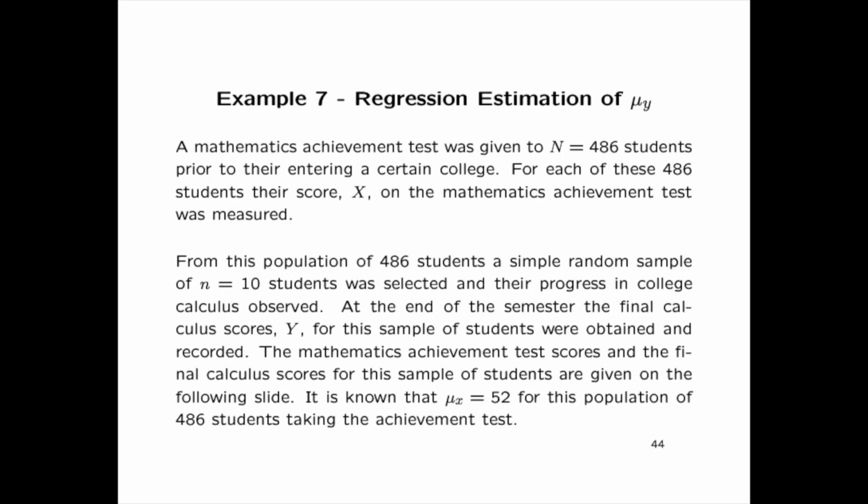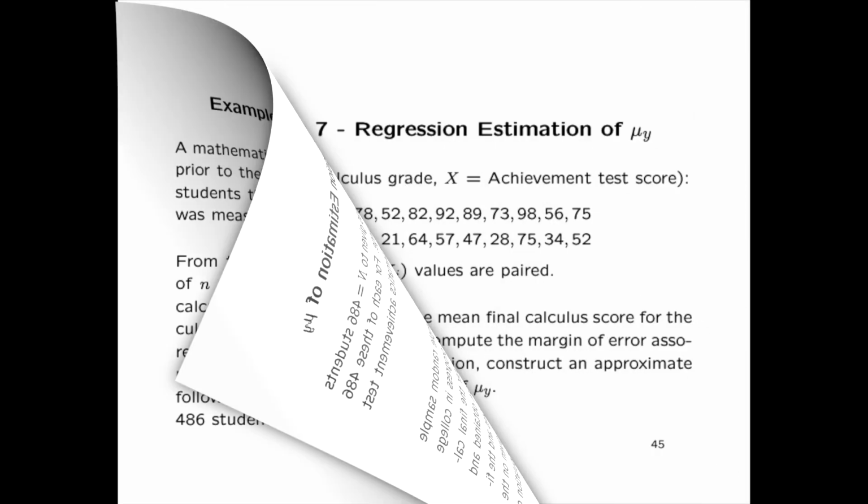Now, it is known that mu sub x is equal to 52 for this population of 486 students taking the achievement test. So in other words, for all 486 students, we know all of their scores, or it could be that we don't know all the values for everybody, but we do know the population average of mu sub x.